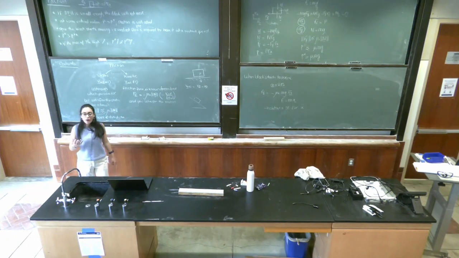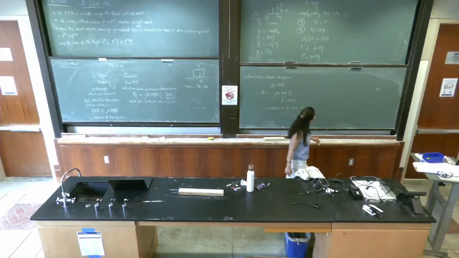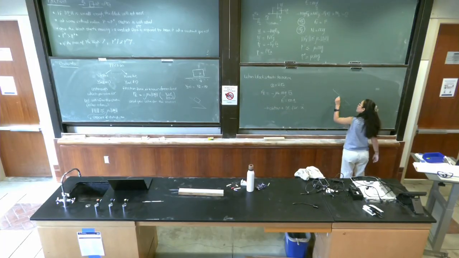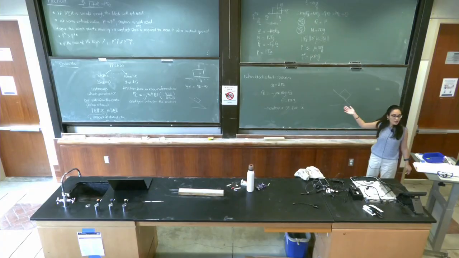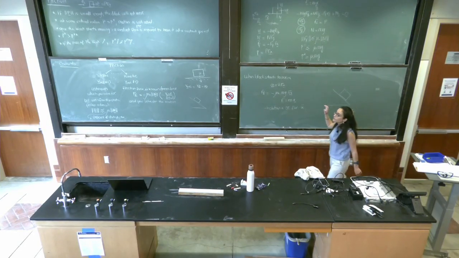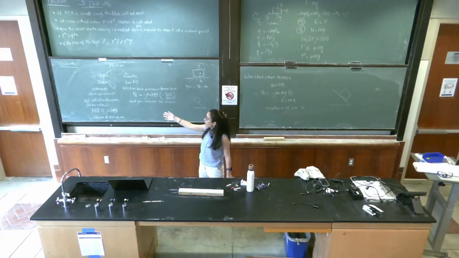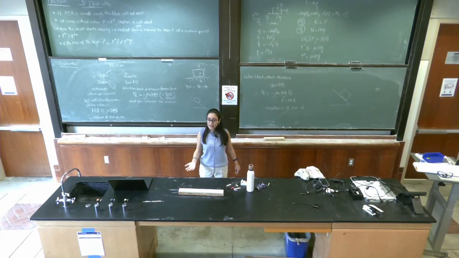When you have a problem, for example, if I ask you to calculate the motion of a block on a surface and you do not know if the block is sliding down, up, or just static, the way you solve this problem is you first assume that friction is static. You calculate the friction force to see if it satisfies the static friction criterion. If it does, then it's static. If not, then it's kinetic.